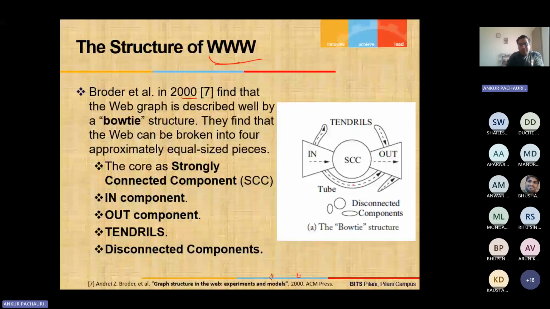What does he state? He stated that the core is a very strongly connected component, strongly connected in terms of triangles, internal structural connectivity. So that SCC he put in the middle. Then another component he called the in component.